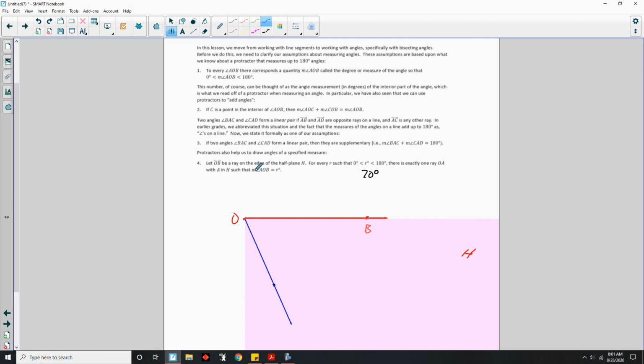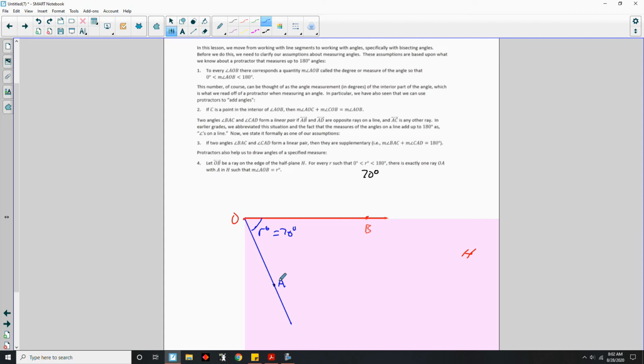Let OB be a ray on the edge of the half plane H, for every R such that R is between 0 and 180, 70 degrees. So if this is angle R, that's 70 degrees. There is exactly one ray, OA, with A in H, such that the measure of angle AOB equals that R degrees, which we chose to be 70 for this example.